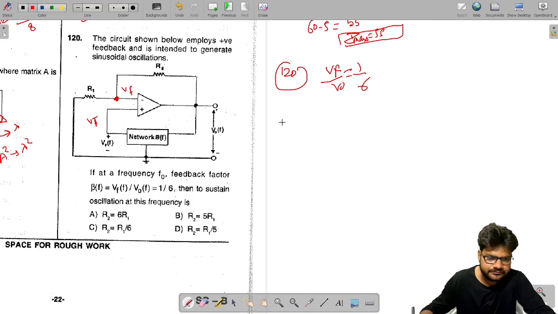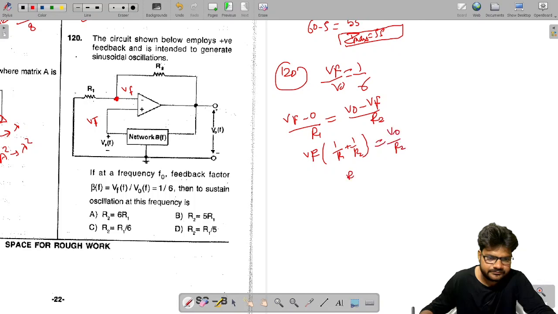Now let's apply KCL here. Vf minus 0 by R1 equals V output minus Vf by R2, right? Then taking Vf common, this is 1 by R1 plus 1 by R2 equals V naught by R2.